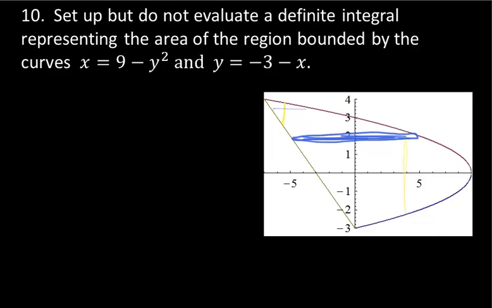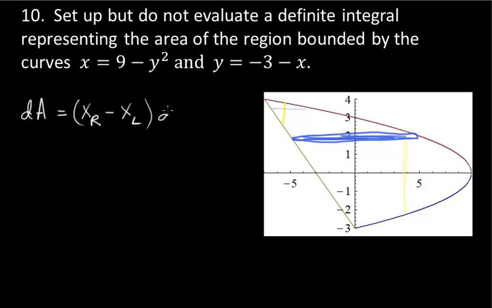Now we called dA, the differential of area, the tiny piece of area, to be equal to the area of that little representative rectangle, which is its length times its width. Well, its length is the right-hand x minus the left-hand x because it's horizontal, and its width is a tiny sliver of the y-axis.